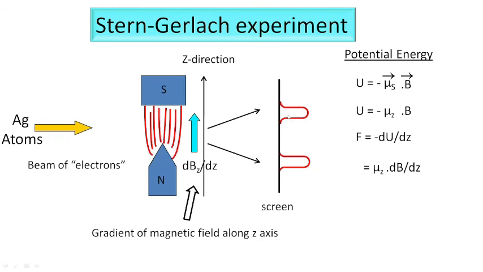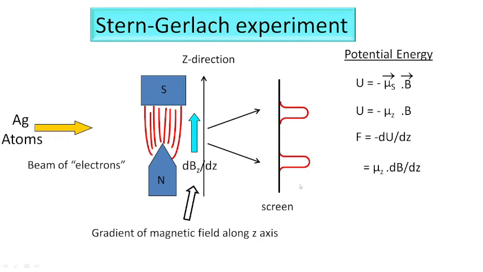From this experiment, the inference is that the magnetic moment of the electron is quantized. When it has random orientation and passes through the inhomogeneous magnetic field, the beam splits into two different beams, and we get deposition of silver atoms on the detector screen at two different points.